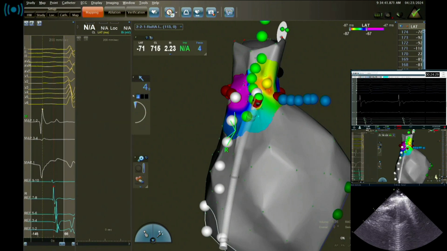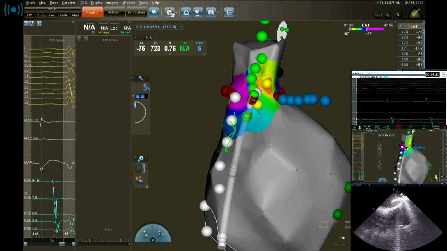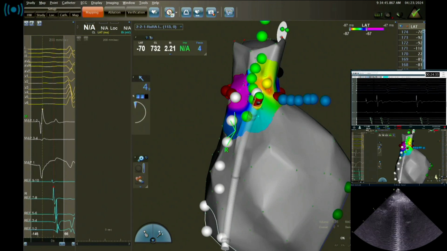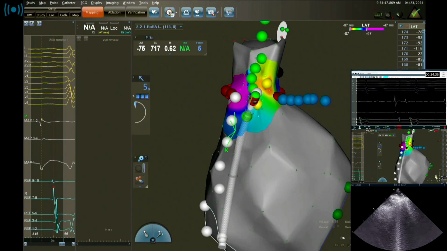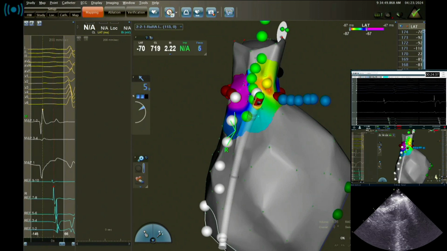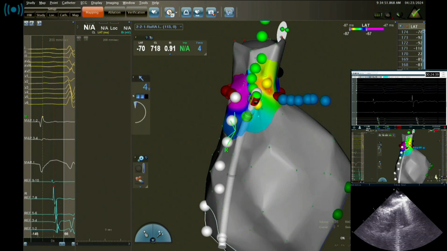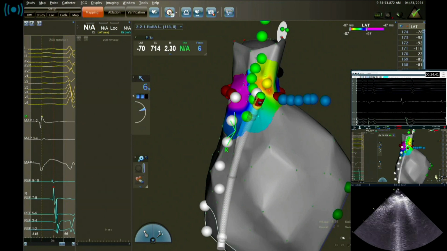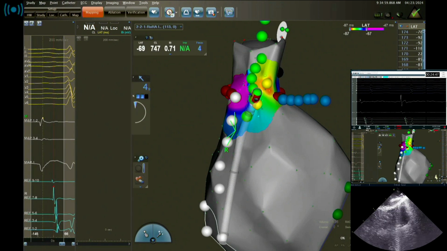But now we don't care because these rings are not in touch with myocardium, and if we want to be on the safe side, we may advance an SR0 sheath just to protect and make these rings fully isolated. But this is not an issue in this case.